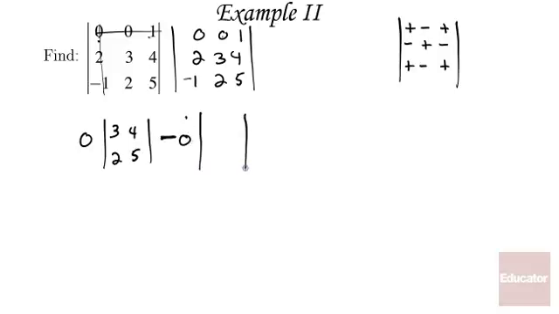And then I'm going to find the minor associated with it. The 0 is in row 1, column 2. That leaves me with 2, 4, negative 1, 5.